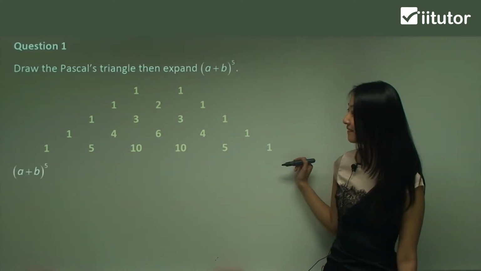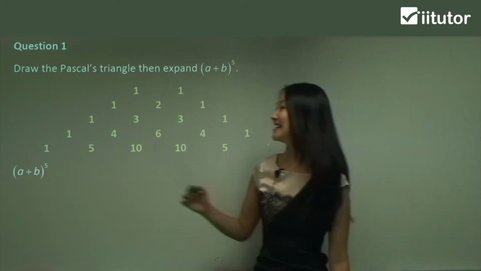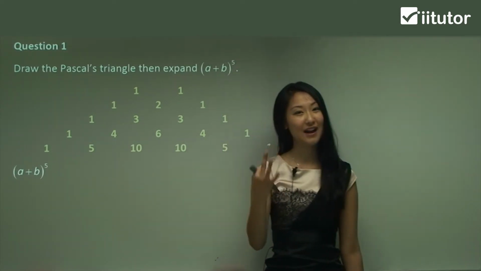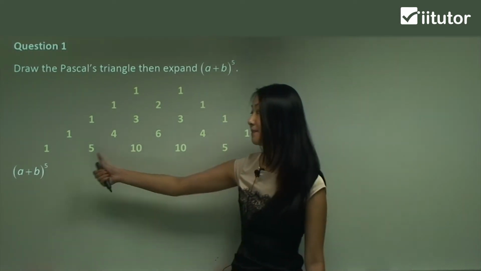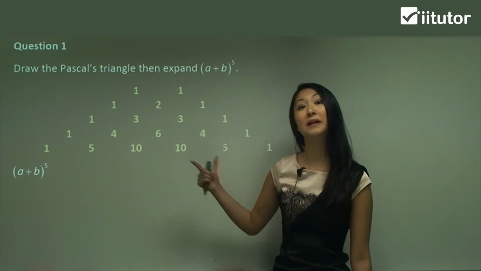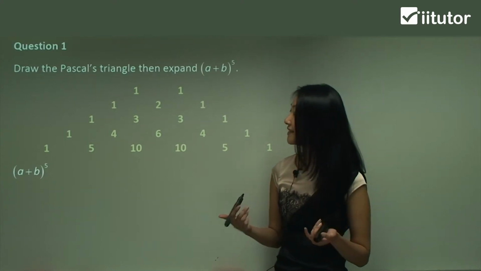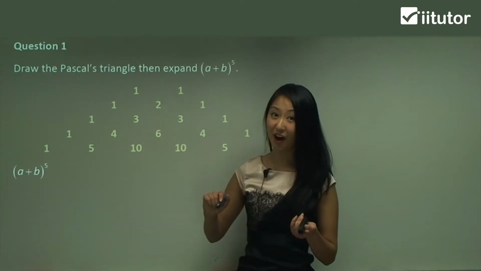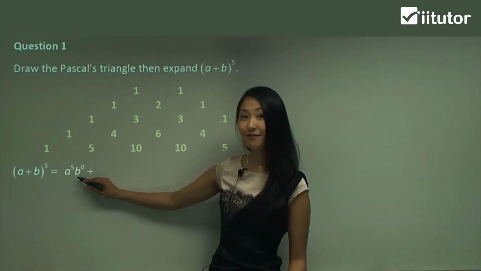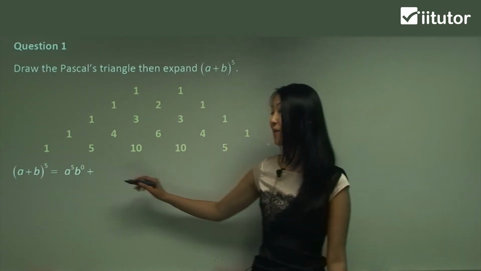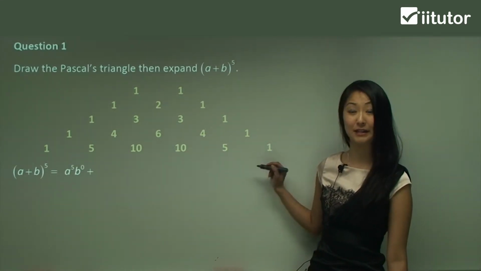All right. So what we need to do now is expand that. So remember, we kind of have 3 steps. First step is to expand that. Second step is to put in the coefficients. And the third step was to simplify. So first step, expand that. So we start off with a to the power of 5, b to the power of 0. And we know we're going to end with a to the power of 0, b to the power of 5.